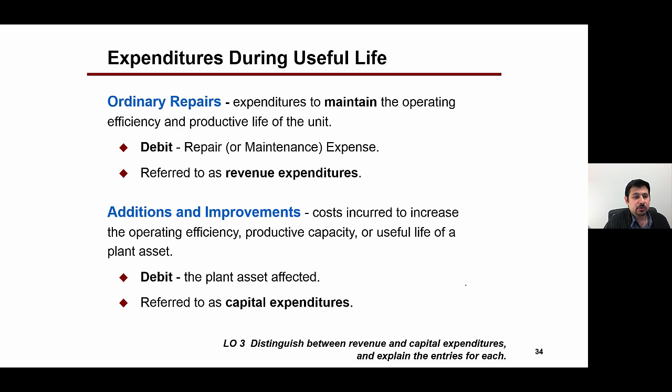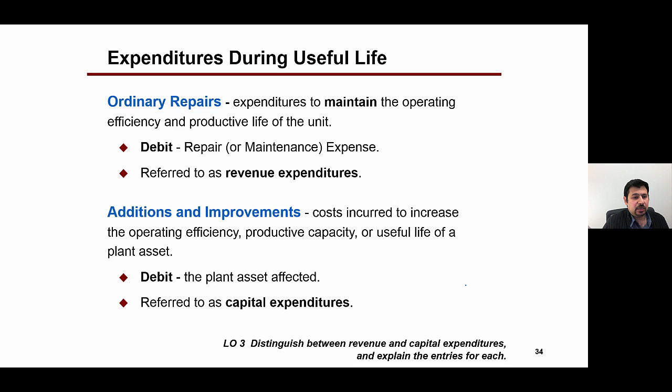At this point, the companies will consider this as revenue expenditures because they are directly associated with revenue generation. As a result, they will debit repair or maintenance expense for all these ordinary repairs.